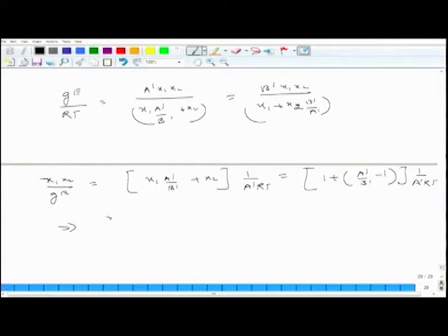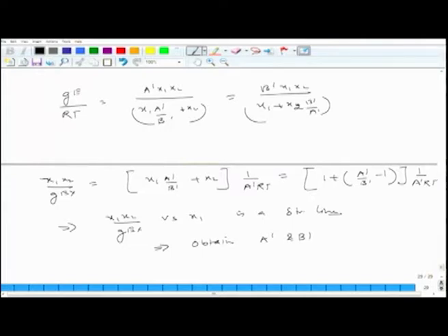So what this suggests is that x1 x2 by GE, or Gx, it is the same nomenclature in this course, versus x1 is a straight line. And if you have the data available, this expression can be used to obtain A dash and B dash, right. This is what it tells you.